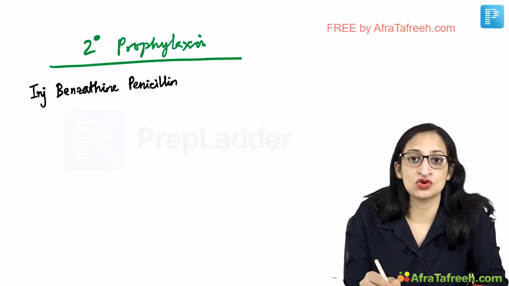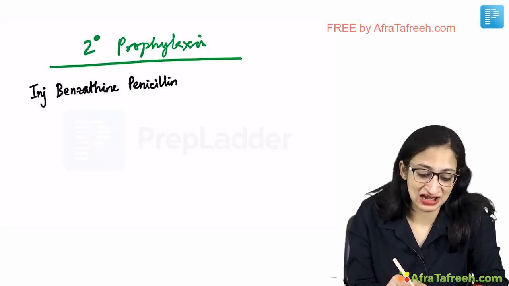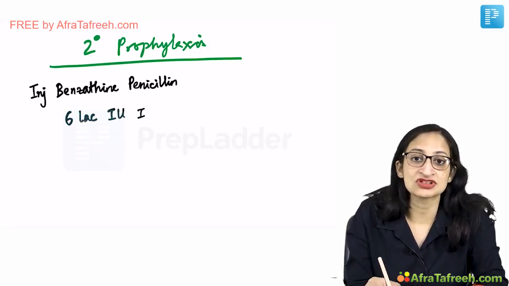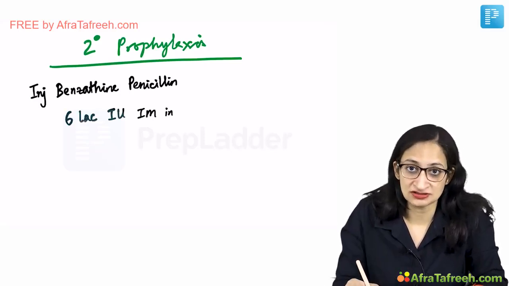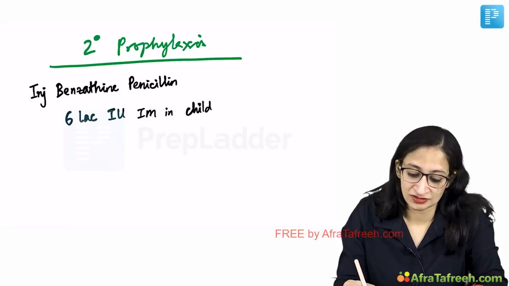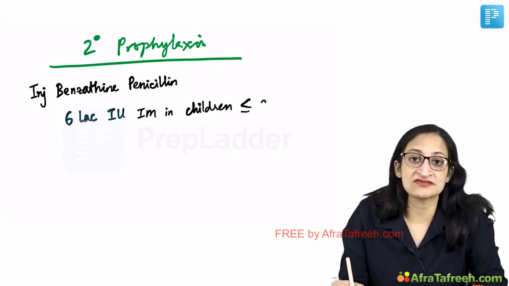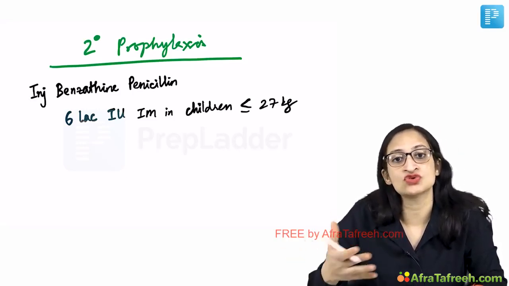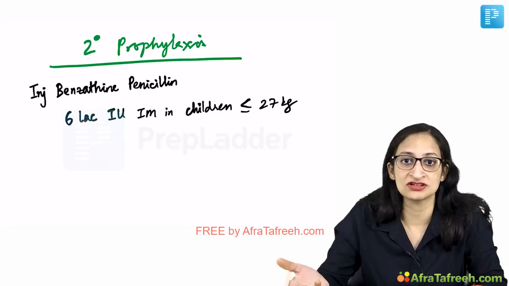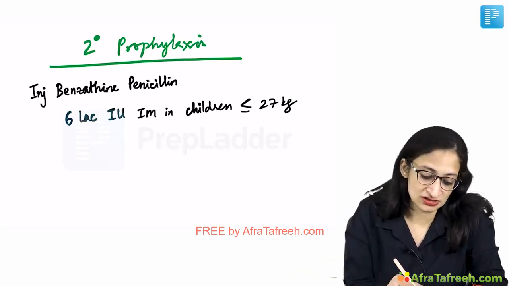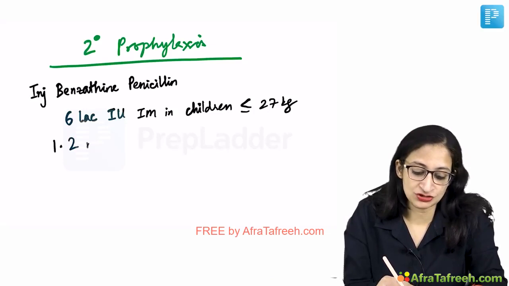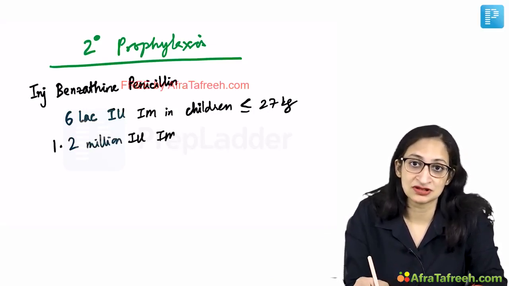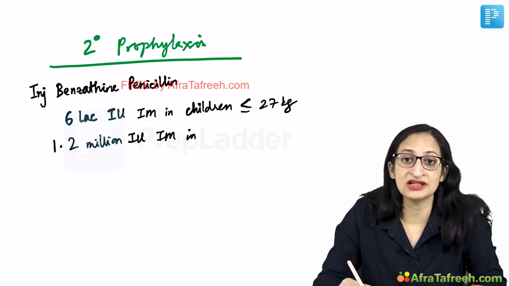This injection benzathine penicillin is to be given in a dose of 6 lakh international units intramuscularly in children weighing less than or equal to 27 kgs. While the dose is just double in children whose weight is more than 27 kgs or in adults, so it is 1.2 million international units IM.